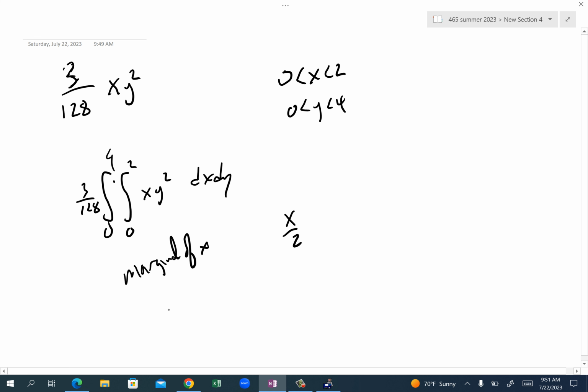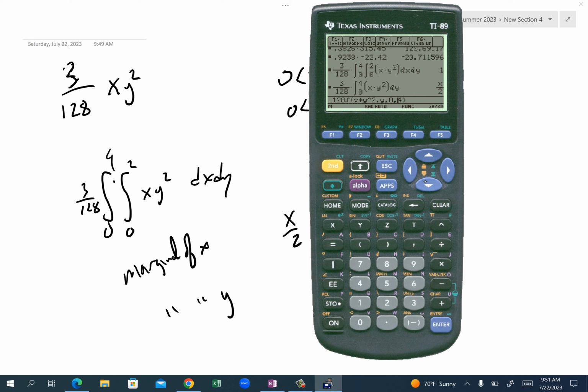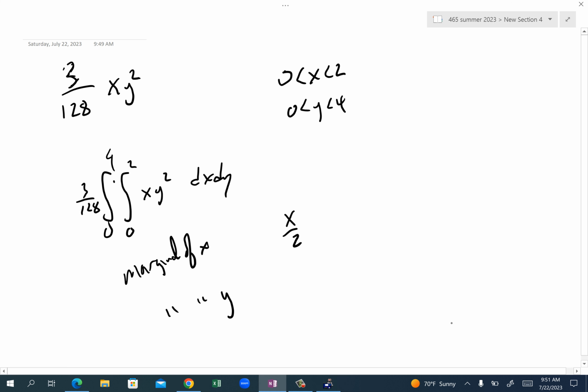If you want the marginal of y, I'm going to integrate the x's out. So just come back in here, make that 0 to 2 this time. And I get 3y squared over 64.